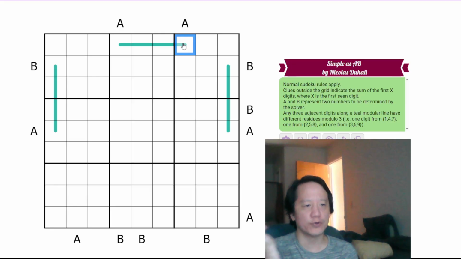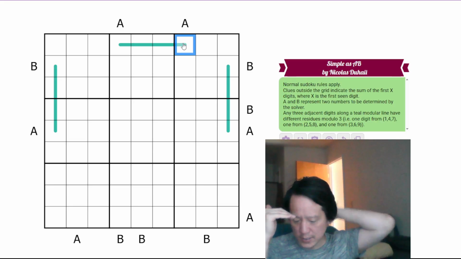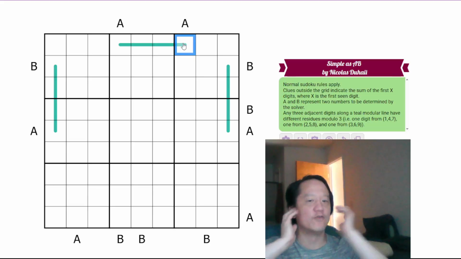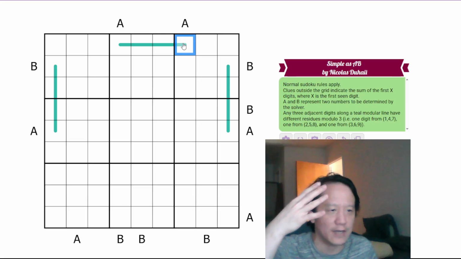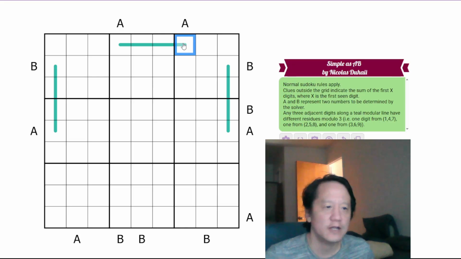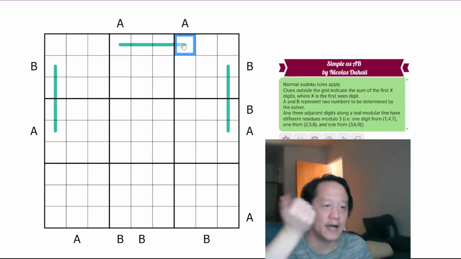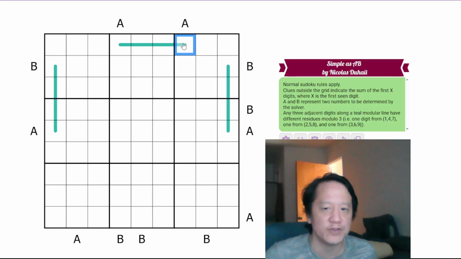Well, 1 we can throw away immediately because 1 is never going to have the same sum as another set of digits with like 4, right? Or 7. Obviously 1 digit only adds up to 1. 9 is the same way. 9 is never going to add up to the same sum as 3 or 6 because 9 is guaranteed to add up to 45 and 3 or 6 are guaranteed to be less than 45.